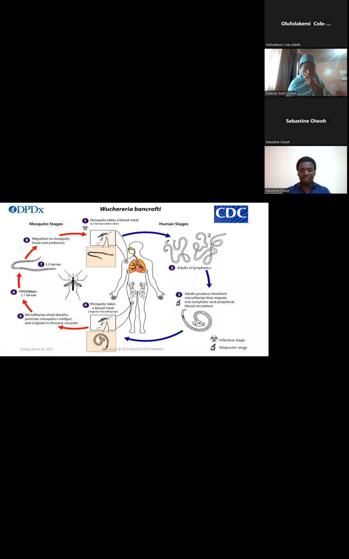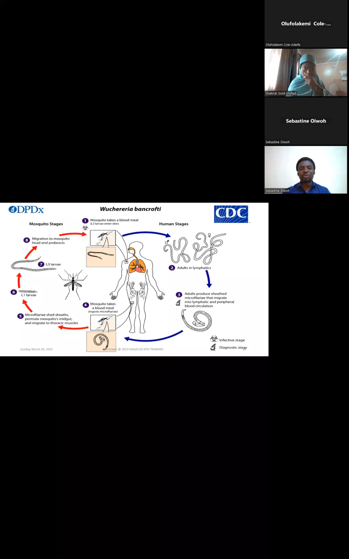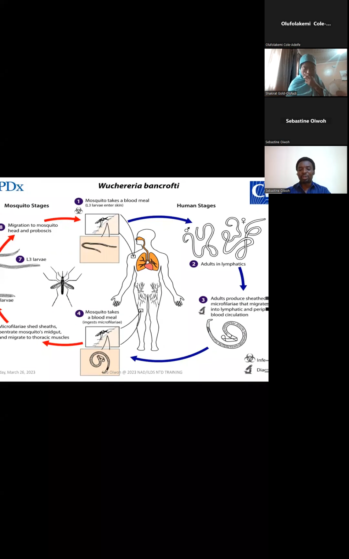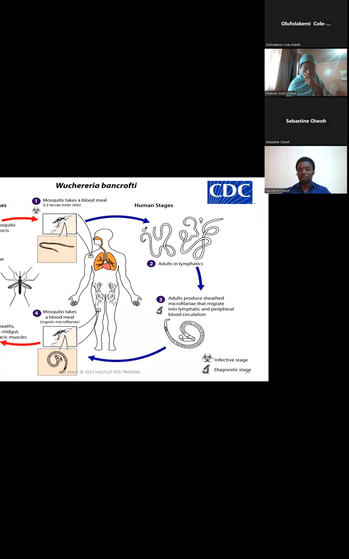This is from the CDC and shows a cartoon-like representation of the infestation. You'll see from the diagram that the mosquito takes a blood meal, and when it does, the larva enters the skin. When it gets deposited into the lymphatics, the male and female worms develop and the process goes on, with the release of sheathed microfilaria.